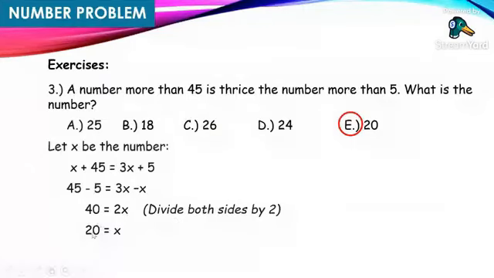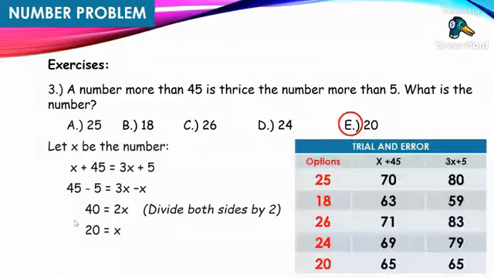So what is the number? The number is 20. So if we're going to have the guess and check or the trial and error, this would be the solution. So let's list down all the options: 25, 18, 26, 24, and 20.